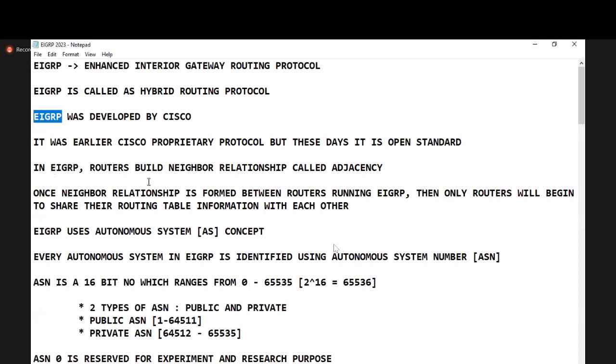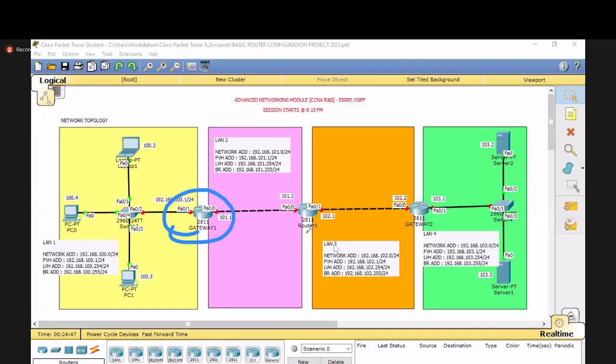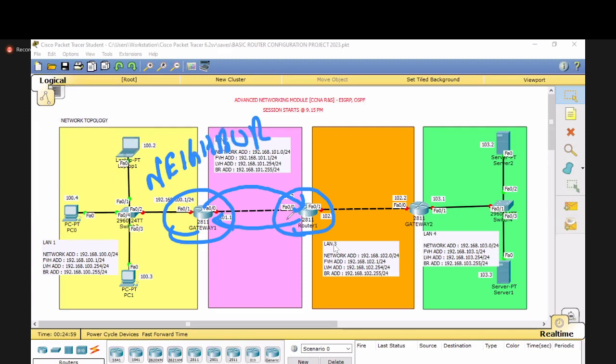In EIGRP, routers build neighbor relationship. This is what we call adjacency. So neighbor relationship means that this device, gateway 1, will be a neighbor with router 1. These two devices need to be neighbors with each other.